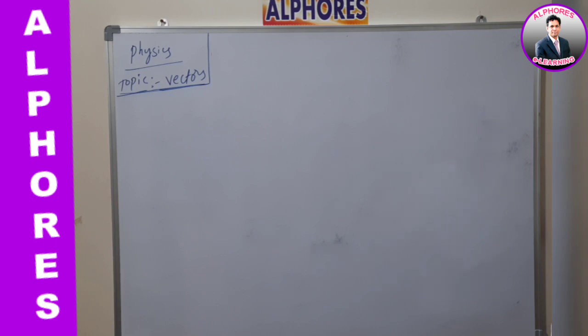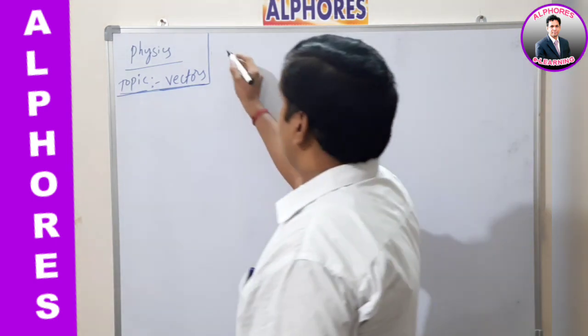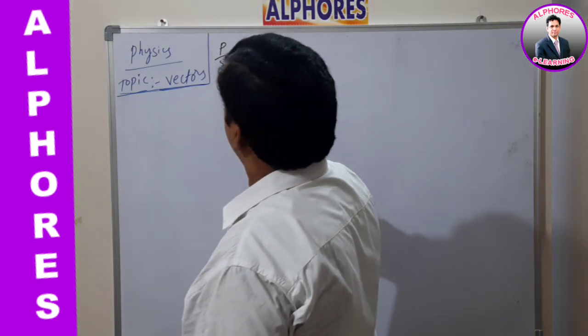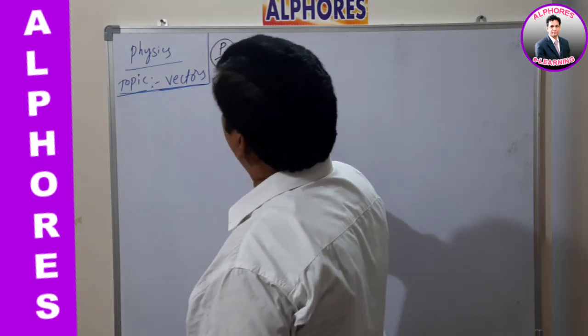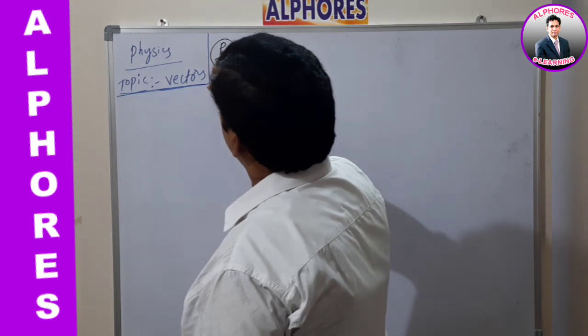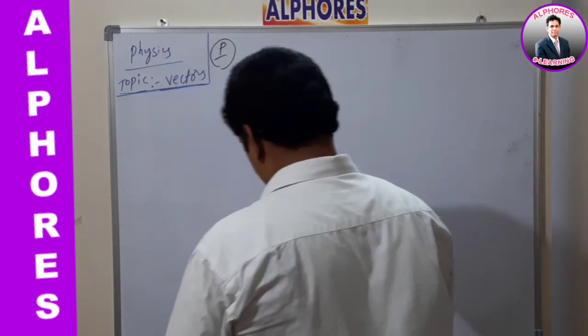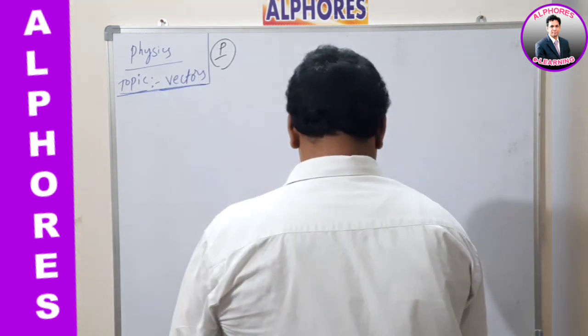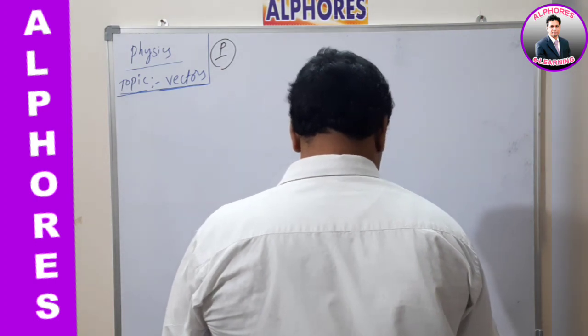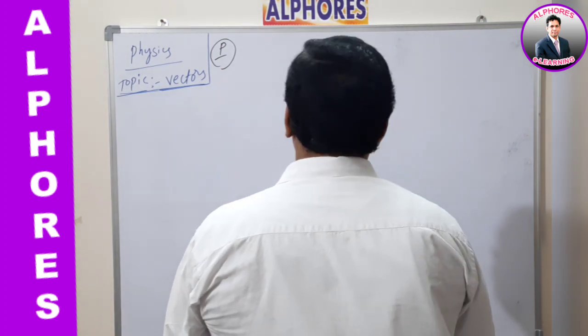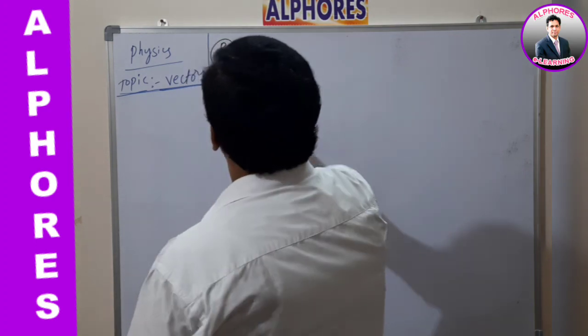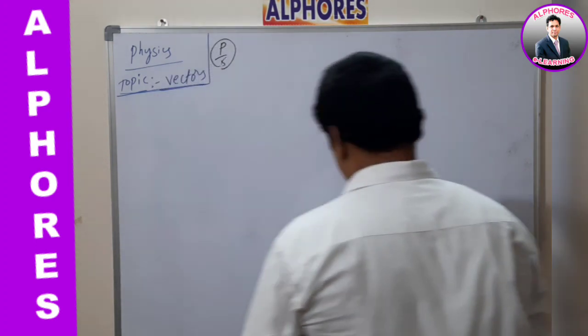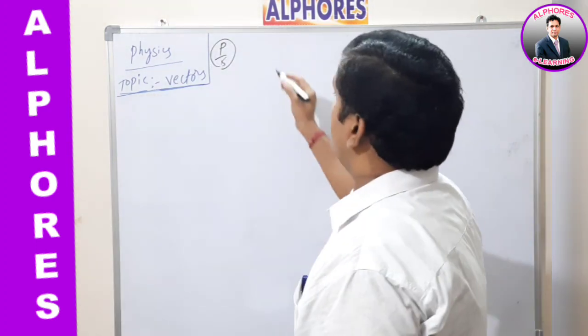So please all of you, this is a very important problem. This is problem number 5 or 6, whatever may be the number. Okay, fifth problem only. So what is the fifth problem?